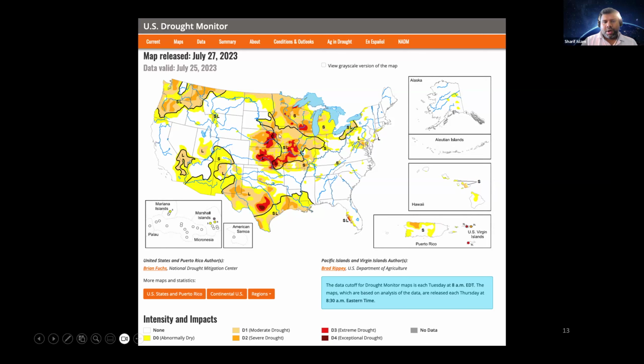Dark red means exceptional drought, severely impacted by drought. Regular yellow shows abnormally dry soil. White areas mean there is no drought in that region. We are using the same technique and same categories to look at drought severity.